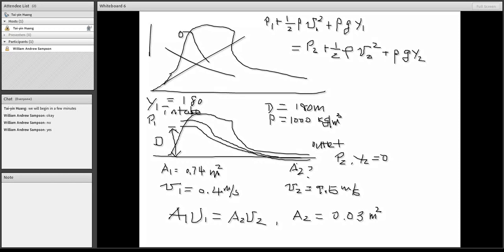So why don't you calculate this to figure out what P2 minus P1 is. I'll give you 3 minutes to plug in the numbers and see if you can get the answer. Just type in your answer once you have it.